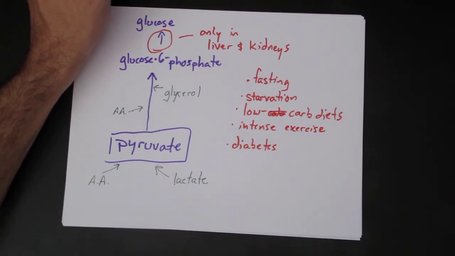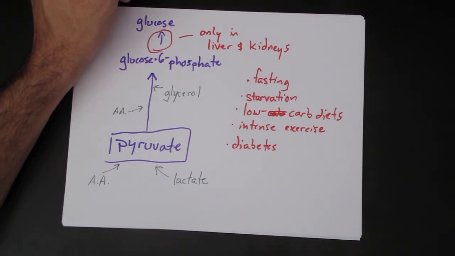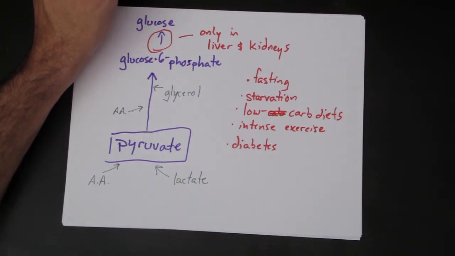So the cell is cranking out, doing what it does, and it's running out of sugar. So what's it going to do? It's going to start making glucose from other sources so that it can survive. So even though there's a lot of glucose in the blood and the blood glucose levels are really high, there's no insulin to bring it into the cell, and as a result of that, they can go into gluconeogenesis.